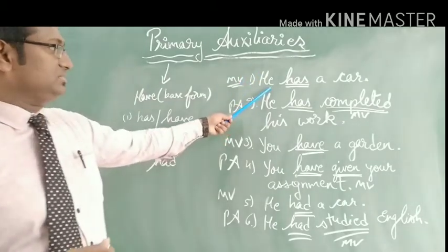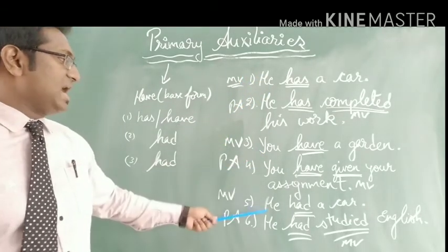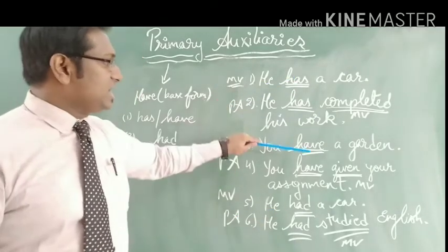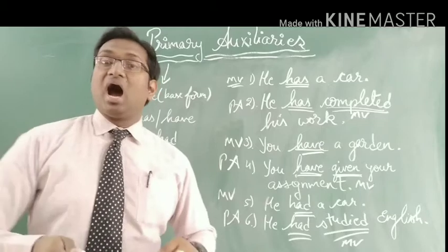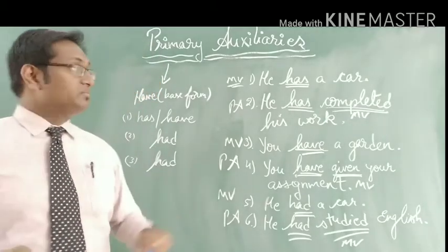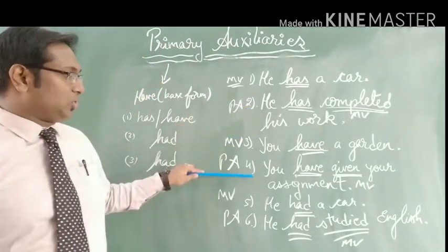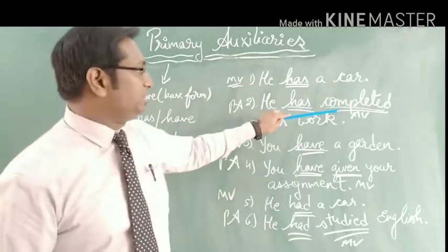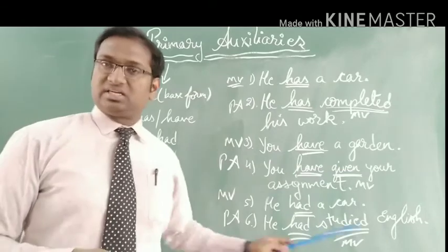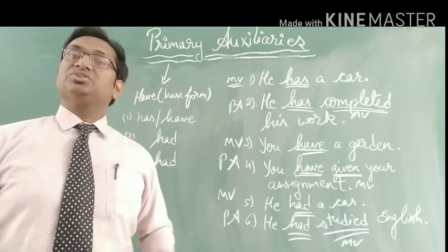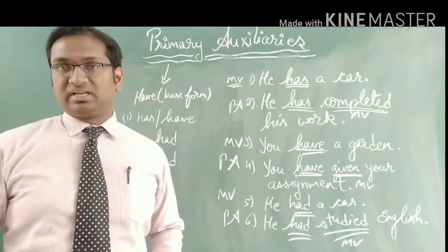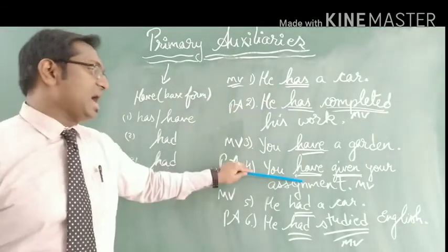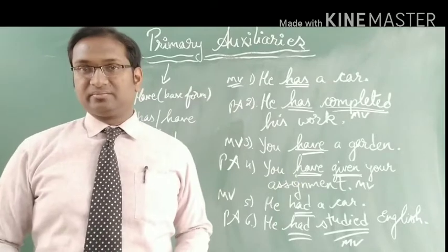So first, third and fifth, in these sentences has, have and had are your main verbs, and second, fourth, sixth, in these we have main verbs like completed, given, studied. And we also have our primary auxiliaries, that is helping verbs, and these are has, have and had.